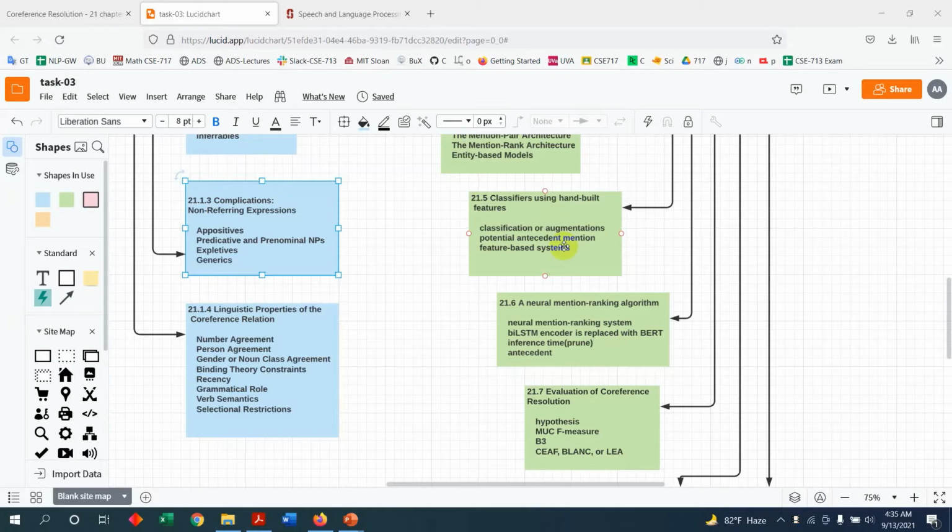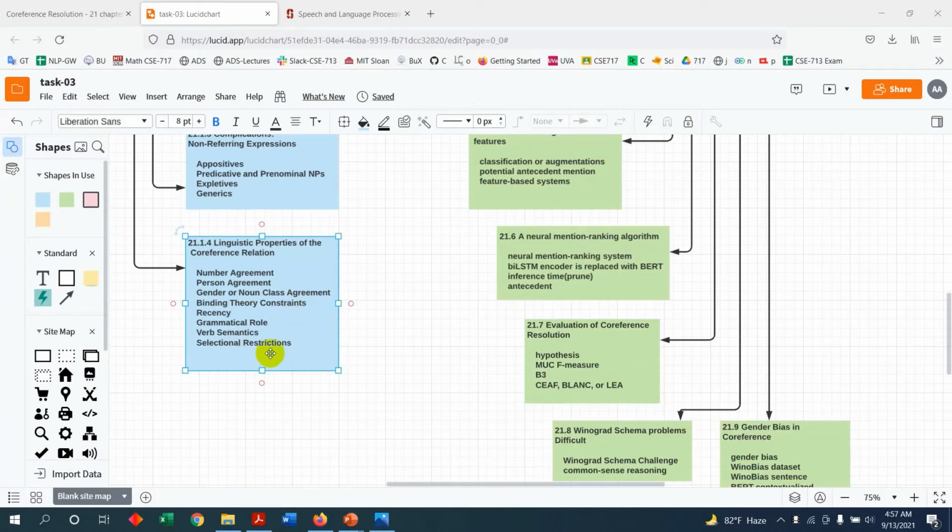Predicative and prenominal NPs describe properties of the head noun. Many uses of pronouns like it in English and corresponding pronouns in other languages are non-referential. Another kind of expression that does not refer back to an entity explicitly evoked in the text is generic reference.